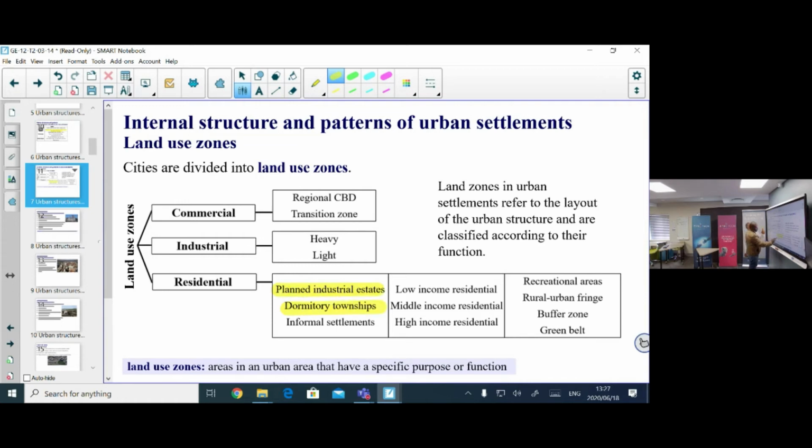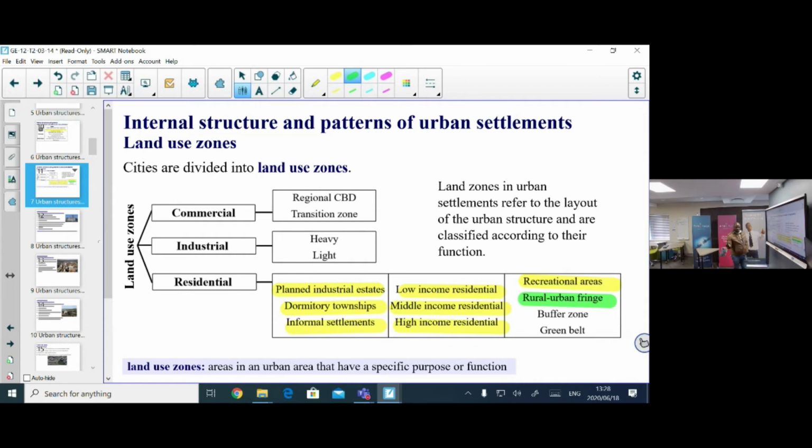And residential, we have planned industrial estates, dormitory townships. Then we have informal settlements. Then we also have the low income residential, middle income residential, and high income residential. While we are still on the residential, we have recreational areas like parks, and then we have the rural urban fringe, where the city touches the rural.